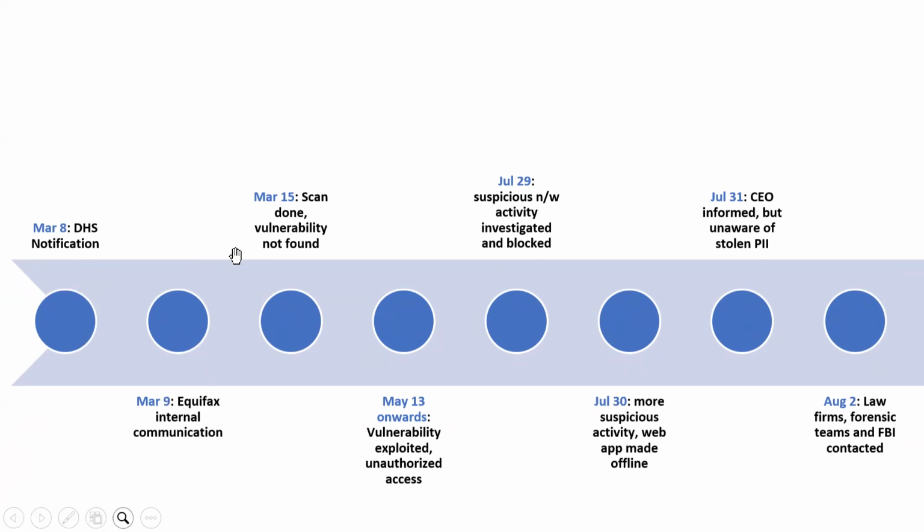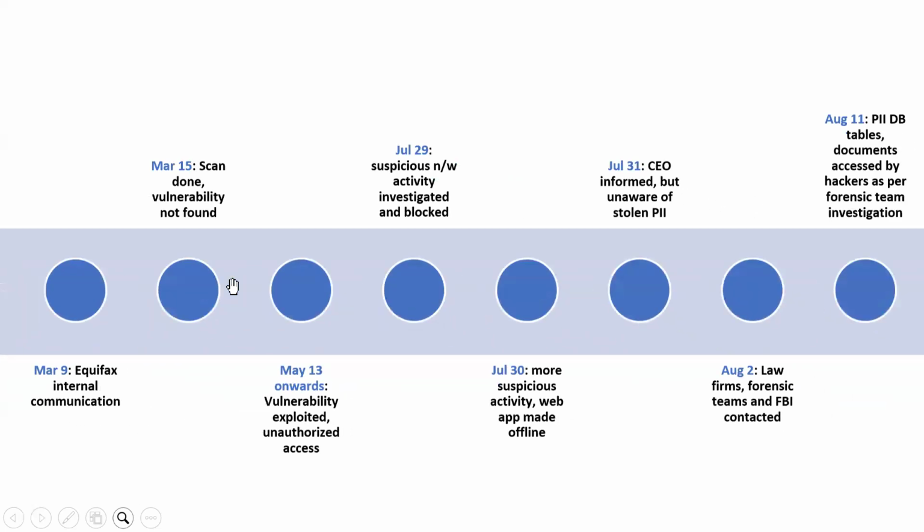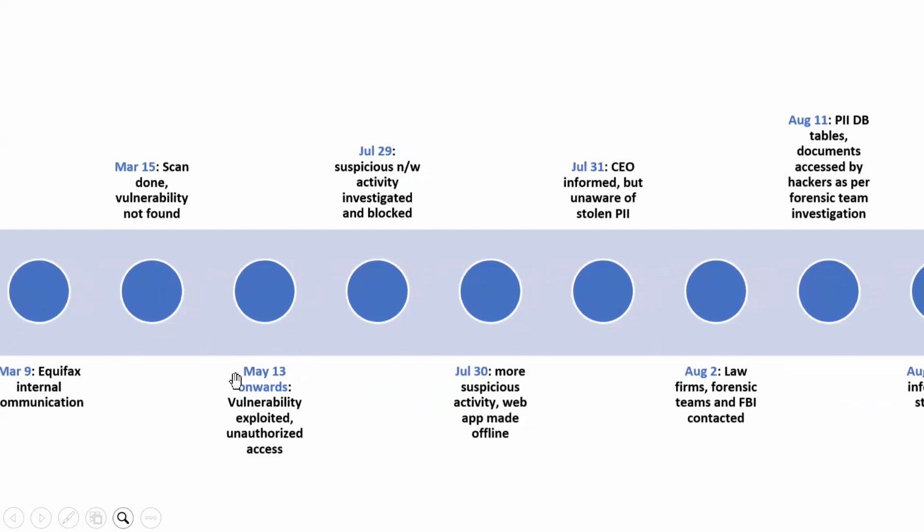Post that, the communications were not followed up and no action was taken. On 15th March, a vulnerability scan was done, but this specific vulnerability was not found. Post that, for two months, nothing much was done.